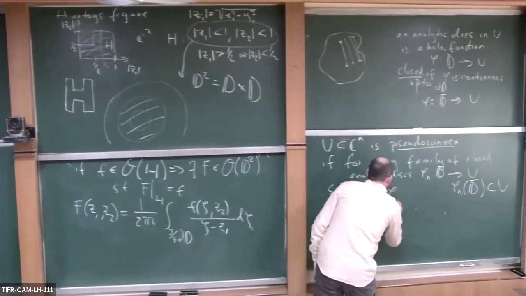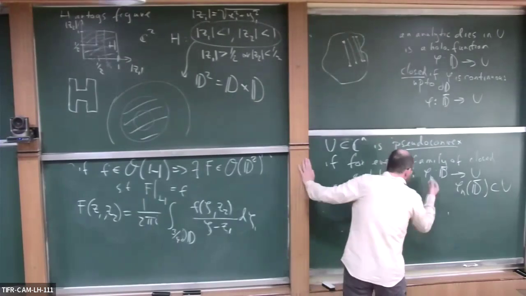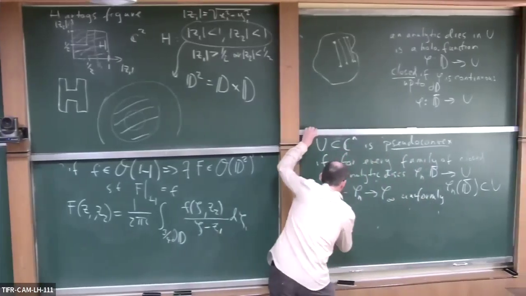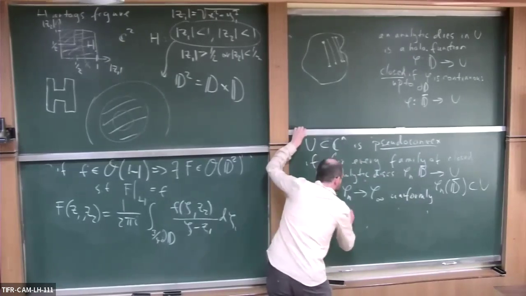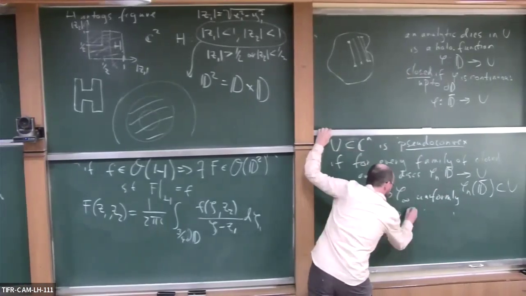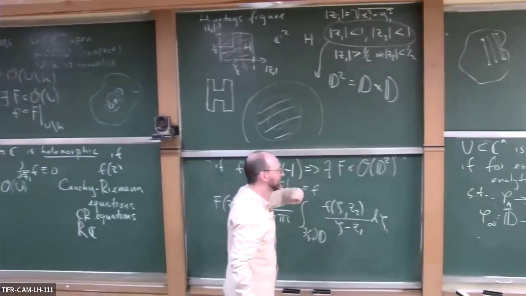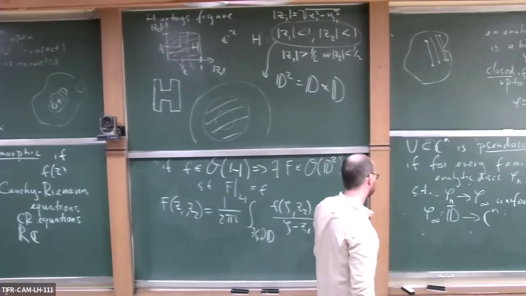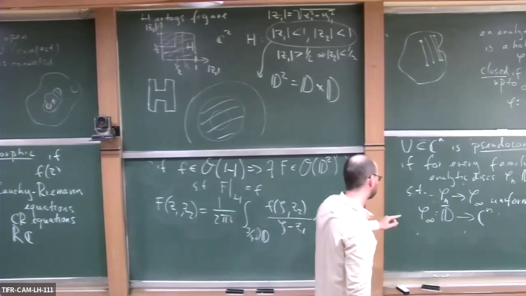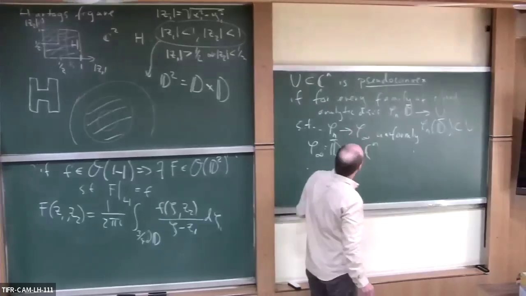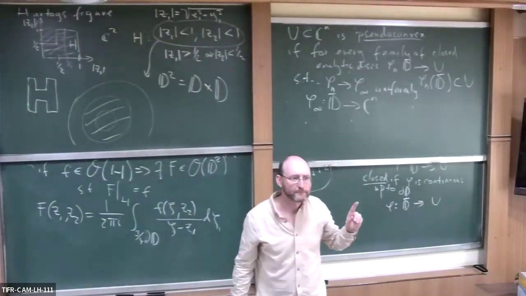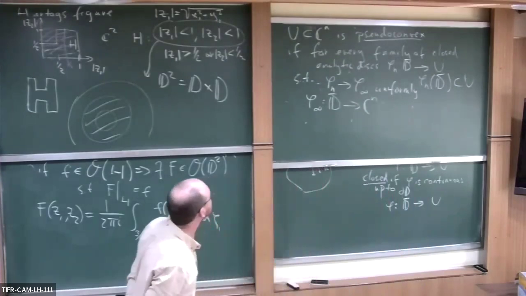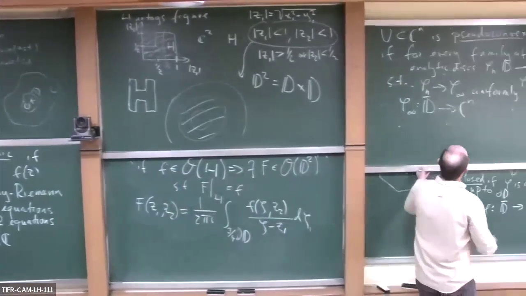say T_n goes to, we call it T infinity. Now T infinity is going to be a continuous function that is going to be holomorphic inside.